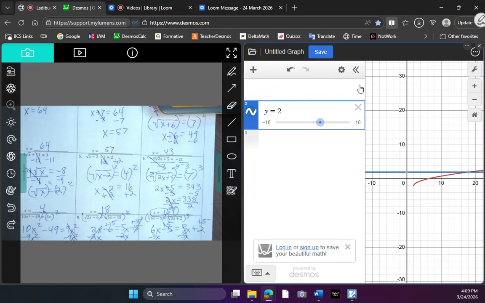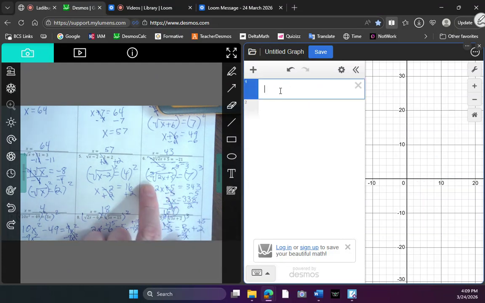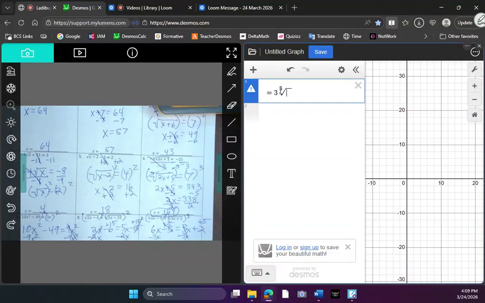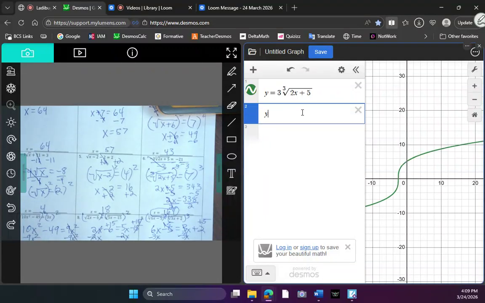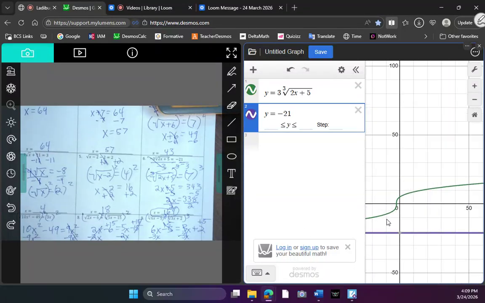And let's try this large, ugly one right here. So we have number 6, -3 times the cubed root of 2x plus 5. And then we've got y equals -21. And was that a negative? Did I have a negative there?